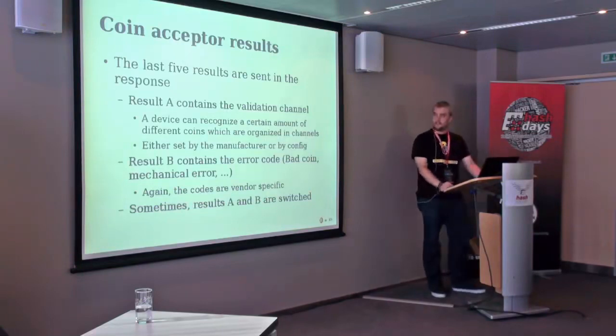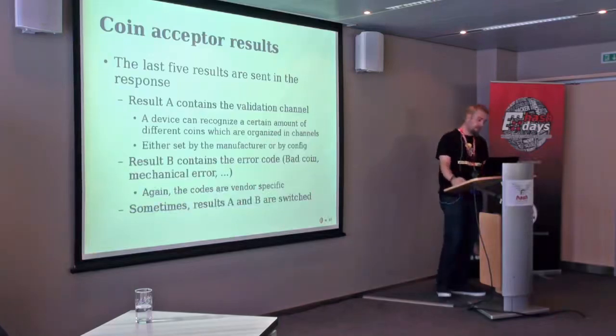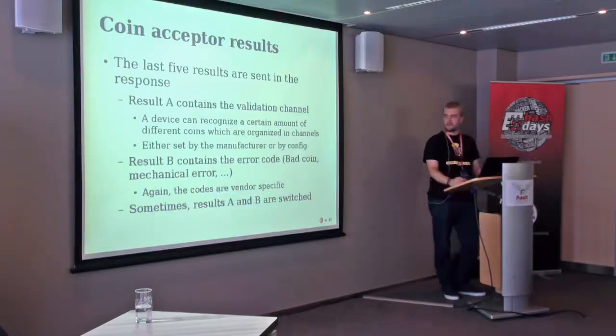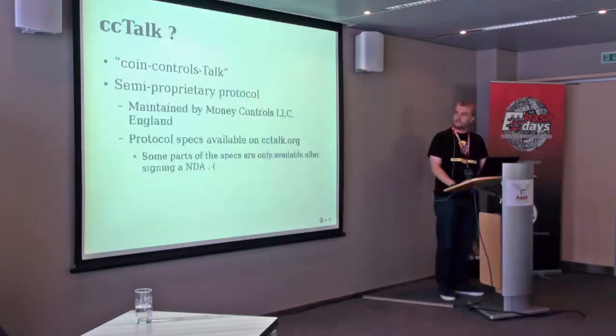The second byte contains normally the error code. So if it's a bad coin, if the coin was correctly accepted, if there's a mechanical error, etc. And it can also contain the channel where the coin has been placed.